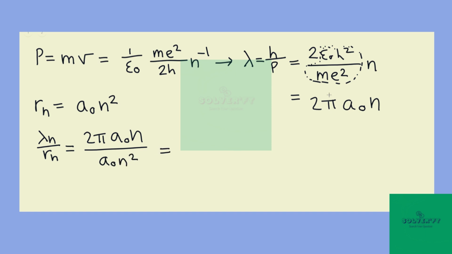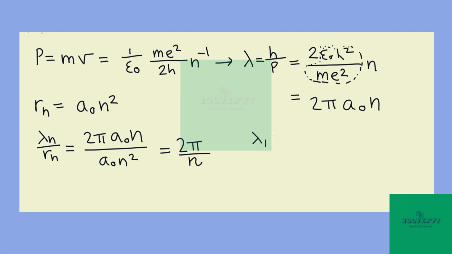This is where the Bohr radius comes in handy, because you see it will cancel out, and you get 2 pi over n. So interestingly, as the energy levels increase, the spacing between adjacent energy levels in terms of the orbits is actually going down. So that's kind of interesting.